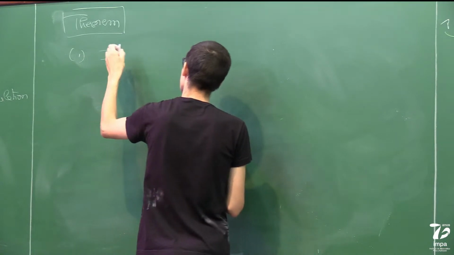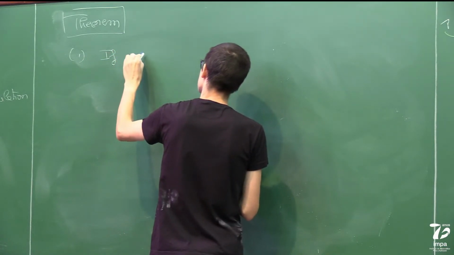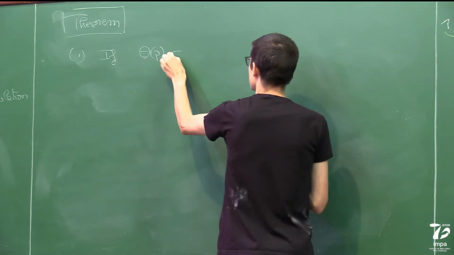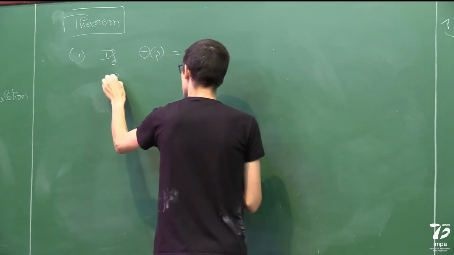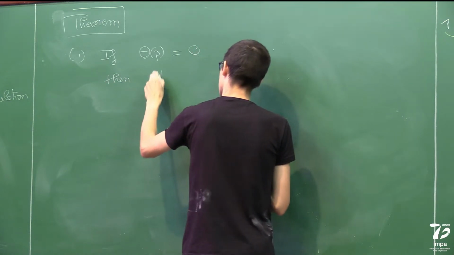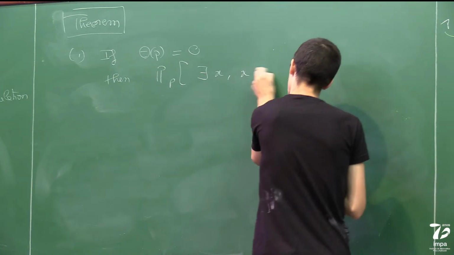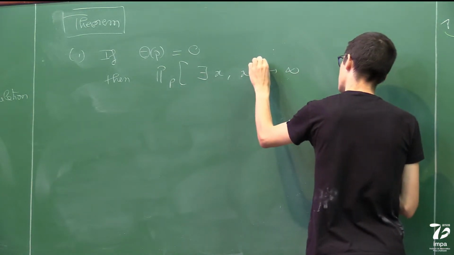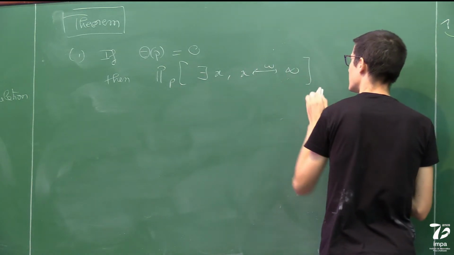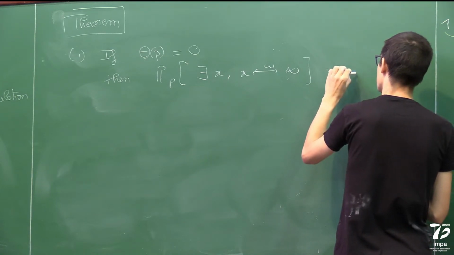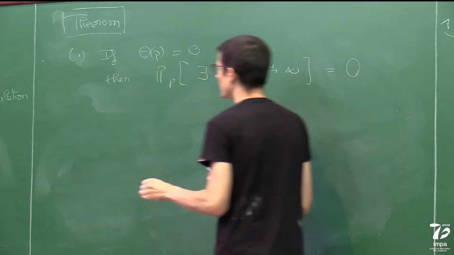1. If theta p is equal to 0, then the probability that there exists x such that x is connected to infinity is equal to 0. And 2.